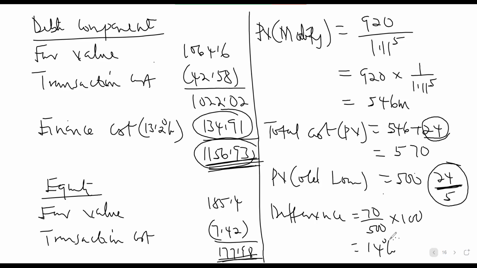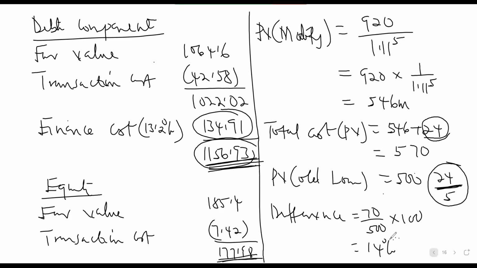So the expense that you'll be charging to profit or loss will only be 46 million, which is the immediate amount. You see that the loan is increasing by 46. But in the 70, there is a transaction cost of 24 inside, and that transaction cost can be amortized over the 5 years.